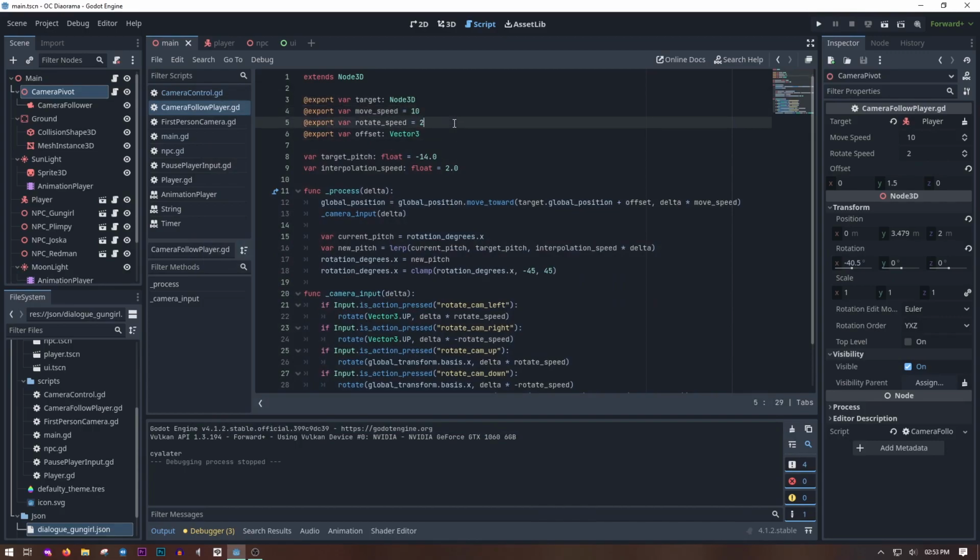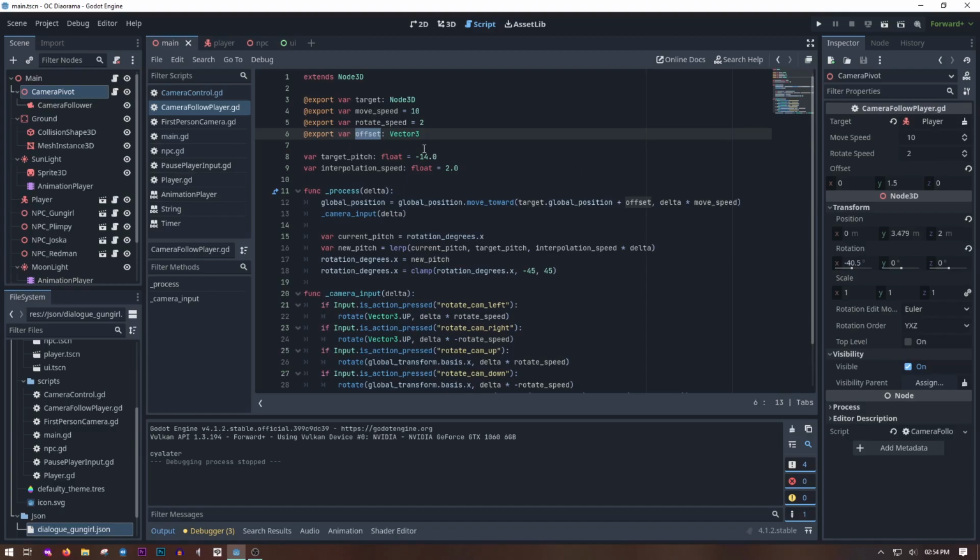Rotate speed, as I explained, is down here. It's got to do with input and offset. What's the offset? I forget. See, this is the part of the code where I was just starting, and I didn't really understand a lot of the camera stuff. I got a lot of help from my brother.